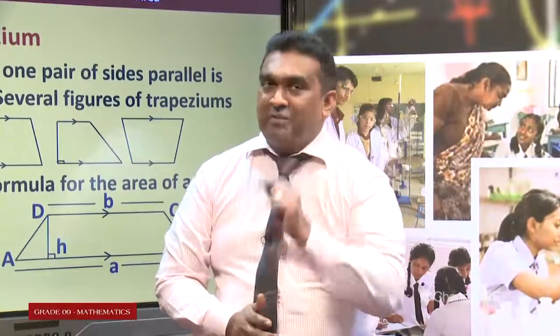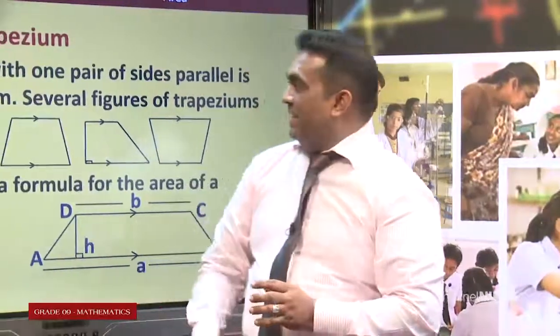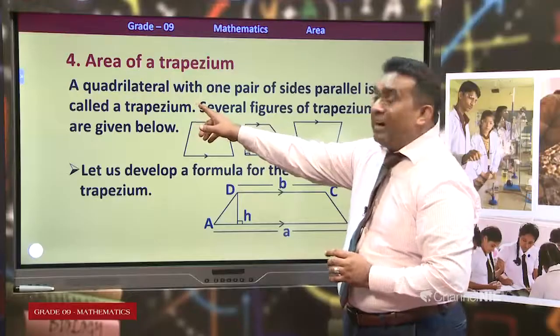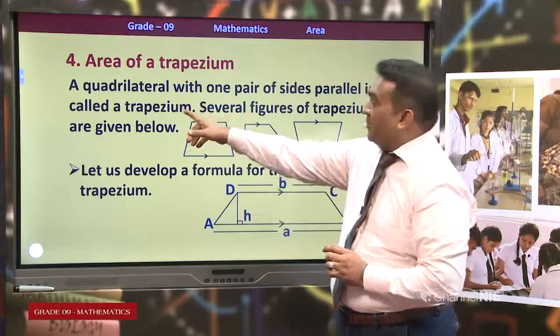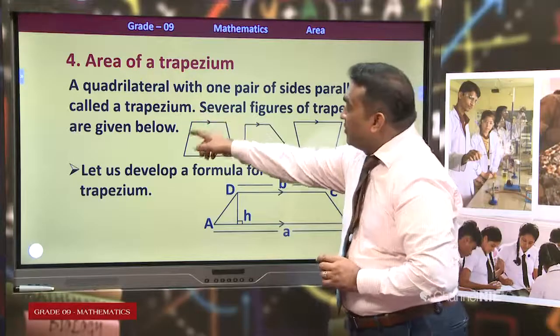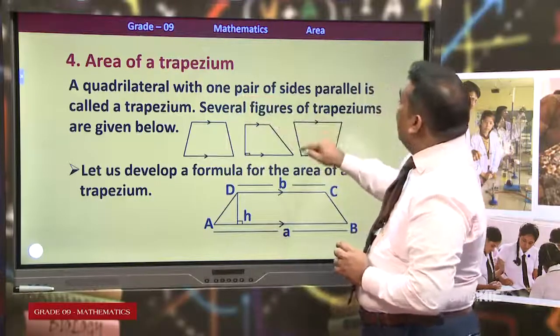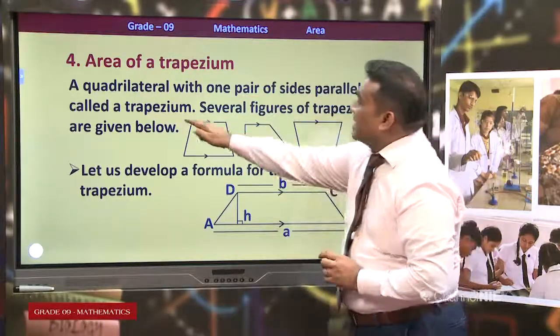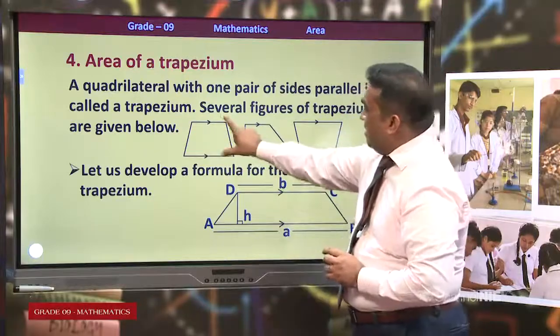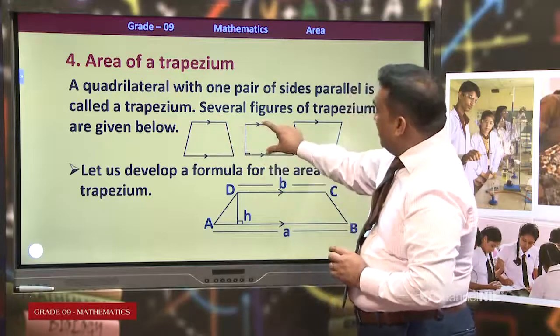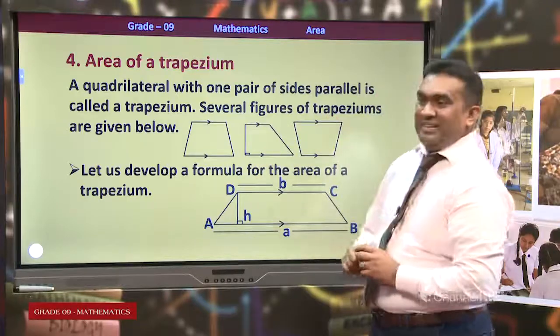Here, 1 pair of parallel lines. How to define the trapezium? A quadrilateral, it means 4 sides, with 1 pair of sides parallel is called a trapezium.